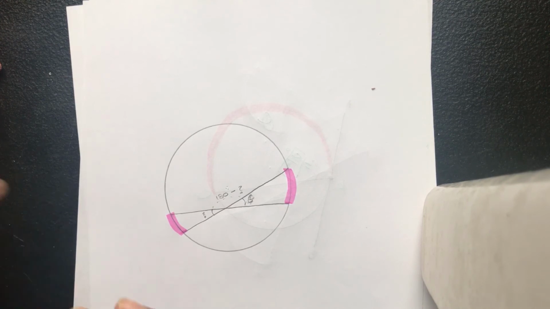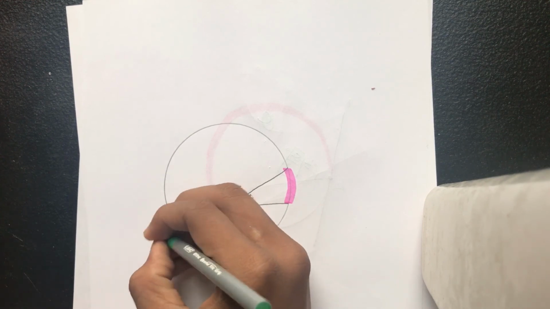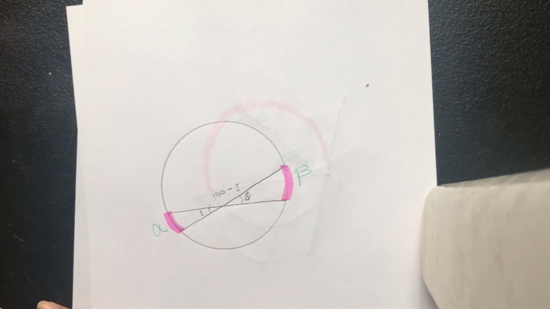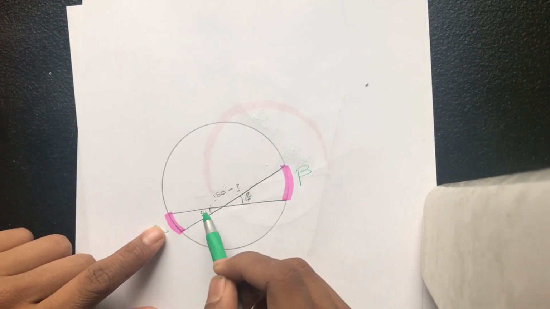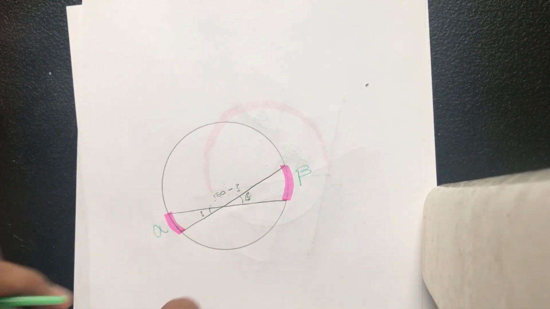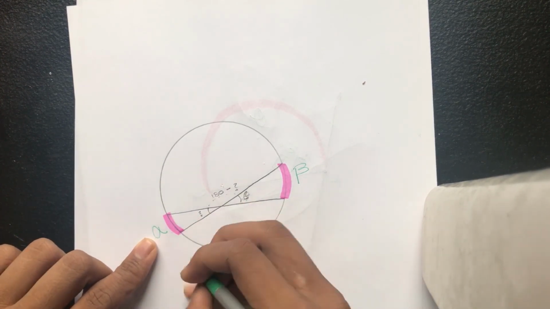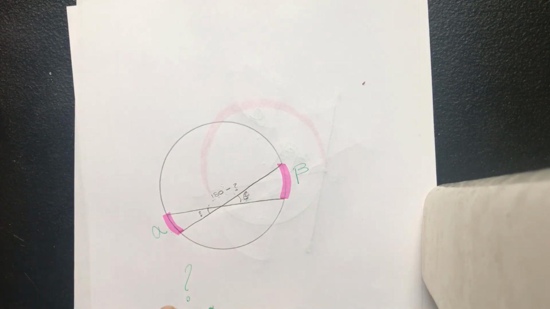Now, let's call the measurement of this arc A, and let's call the measurement of this larger arc B. Of course, realize that sometimes these two arcs will have equal measures, and most of the times they'll have different measures. That doesn't concern us. What we need to find out is the degree measure for this vertical angle.